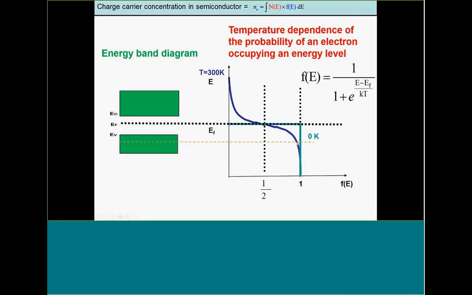See? So it's not 1 anymore, but less than 1. But if you look here, at the energy level higher than the conduction band, there is a probability of it being occupied by an electron. See, it's no longer 0 as before, but now it's a certain value, which is very small.